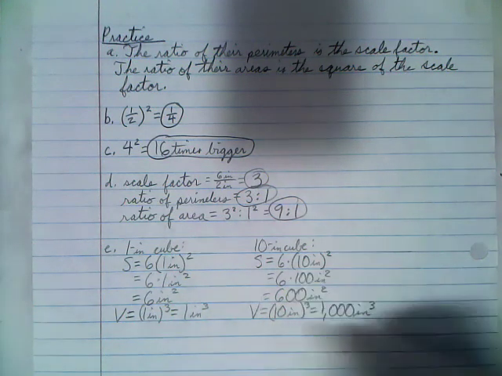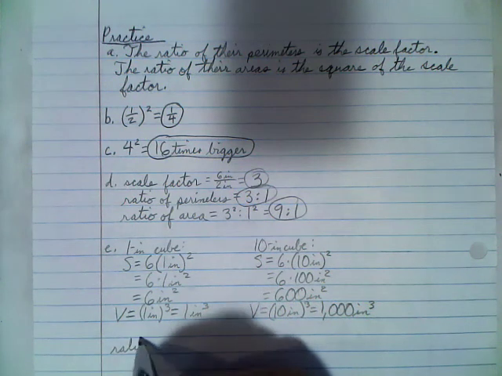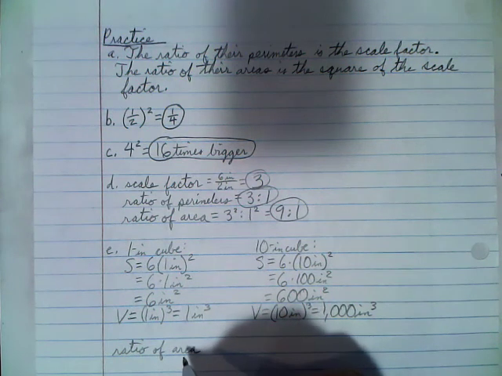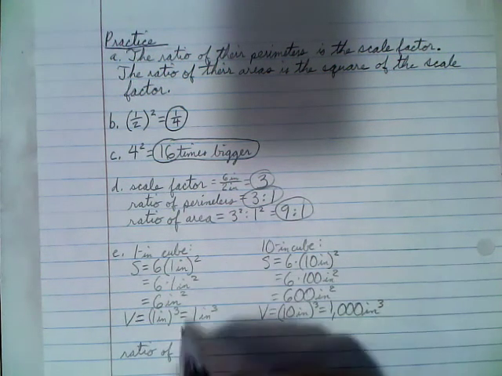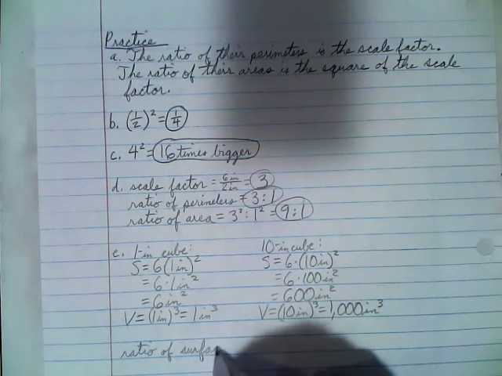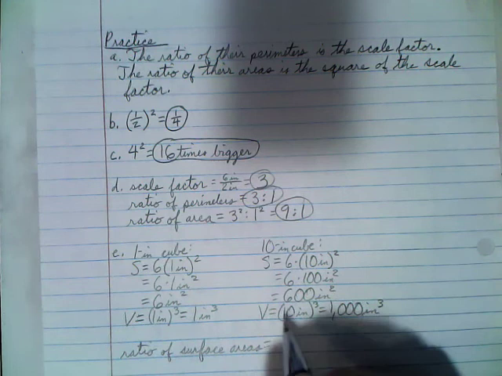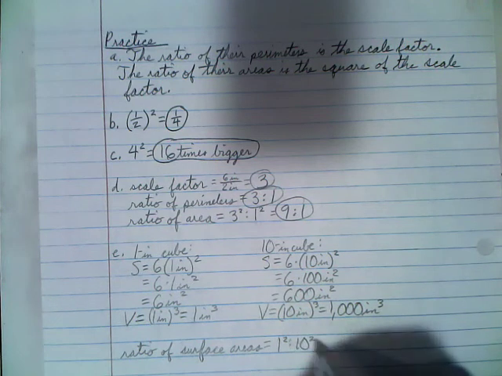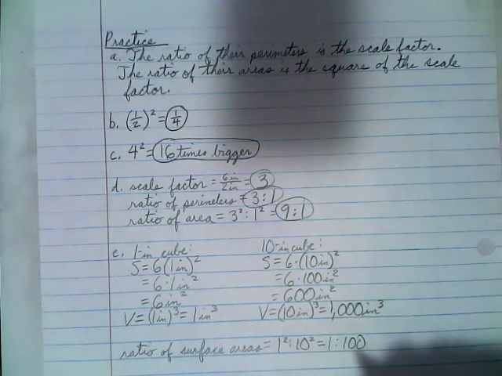As for the ratios, we don't even need the rest of these numbers to find the ratios because we know the scale factor right there. So the ratio of the surface areas we know is going to be 1 squared to 10 squared, which will be 1 to 100.